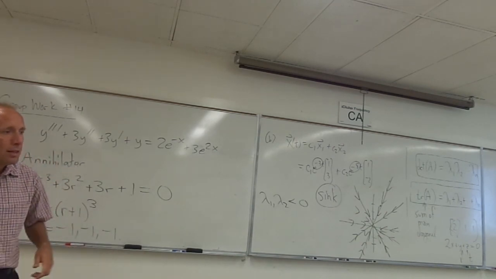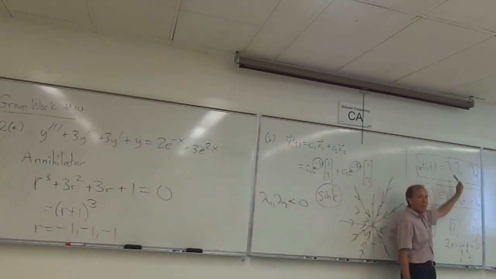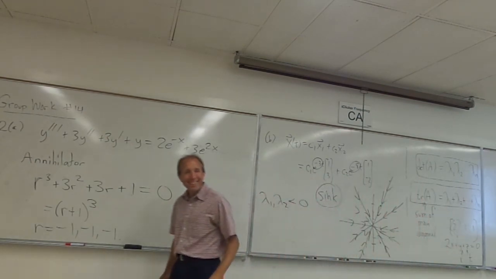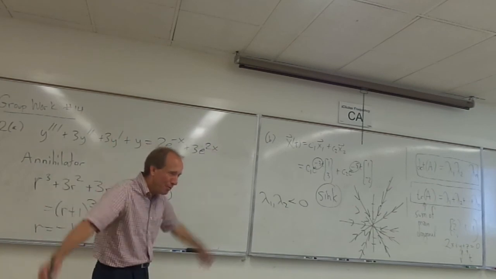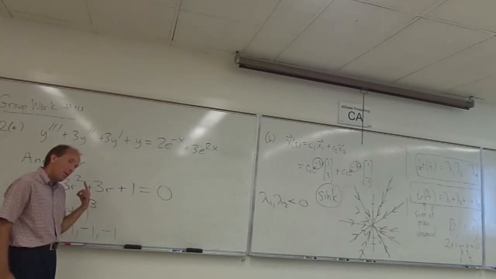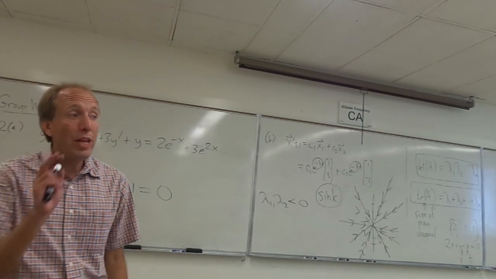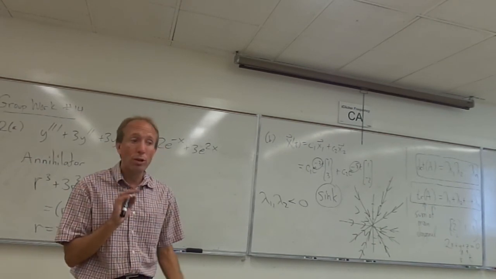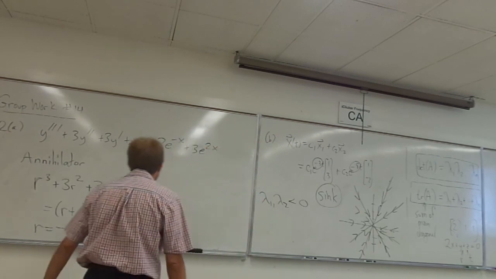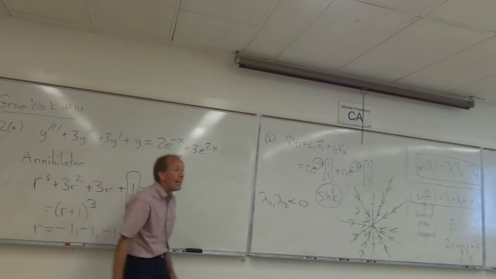I already gave you one tip, so let me give you another trick. You'll be happy you came to the review, even though I can barely talk. The roots of the auxiliary equation, if they are rational or whole numbers, which they almost always have been, have to divide the constant term.